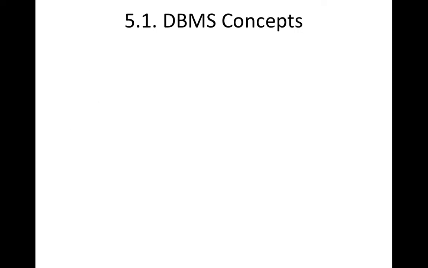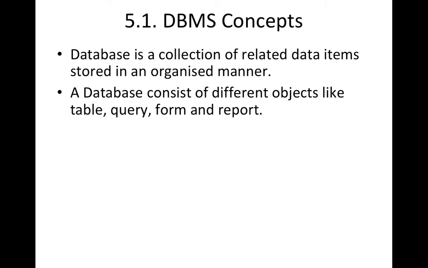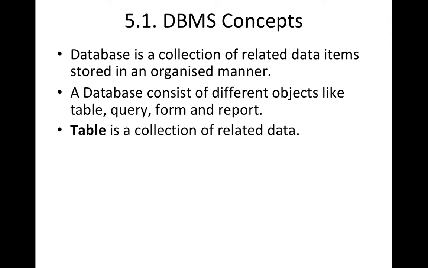So this gives us the basis of why we are studying database. In a database we are collecting a number of related data items, huge numbers of data items. Now these data items, these data objects, are divided into four categories. One is table. What is a table?